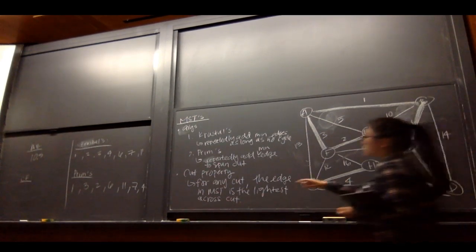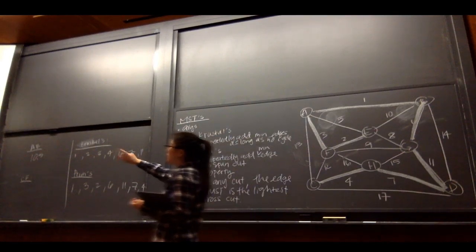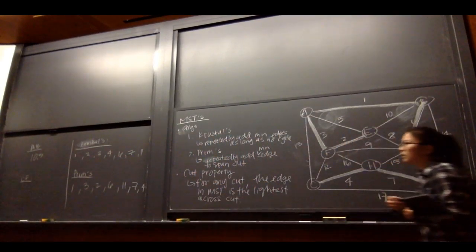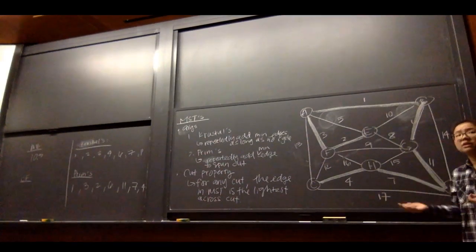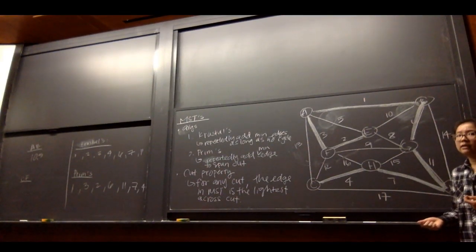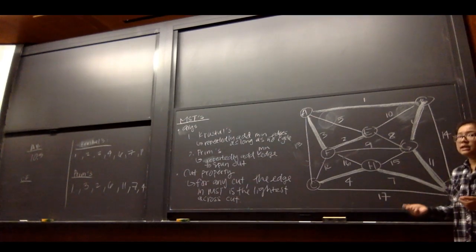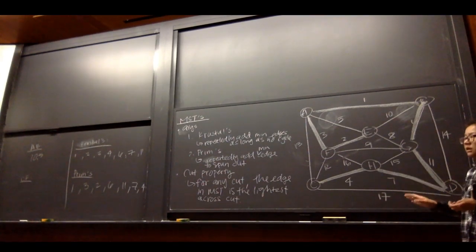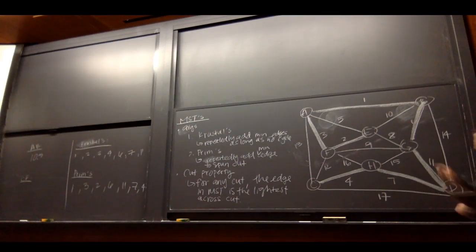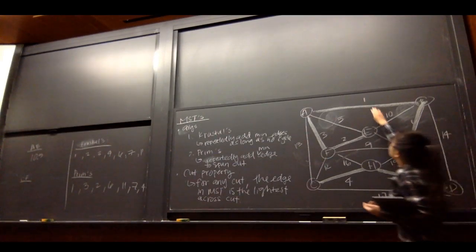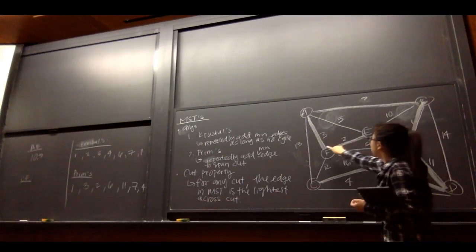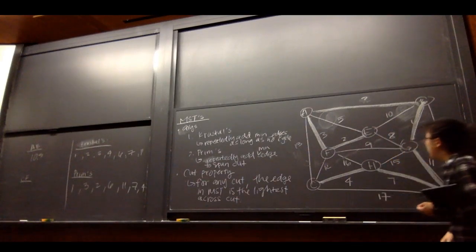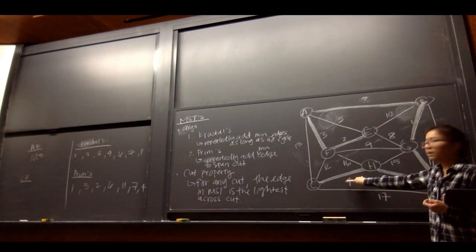So, for instance, if I change AB to 1.5, I know that I would add it because it would still be the minimum weight, right? So it would be the first thing that I would add with Kruskal's. So that cannot be an answer. What about if it's 4.5? I would still add 2, 3, and then I would add 4.